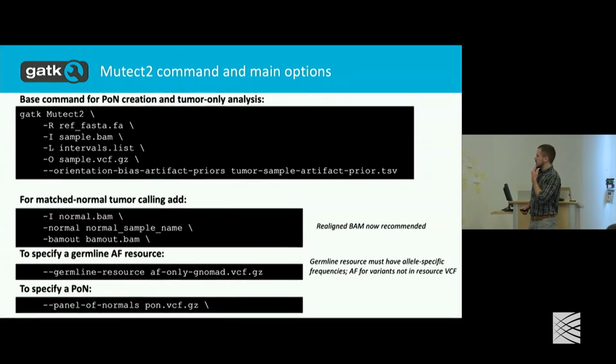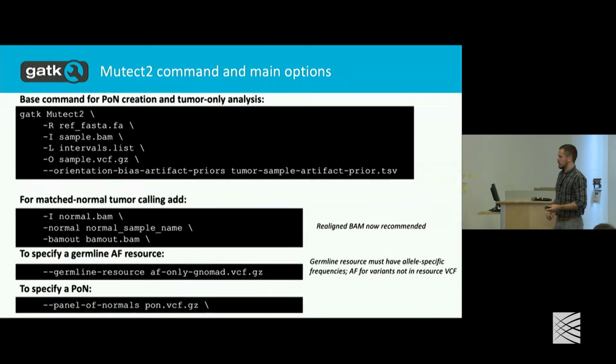One thing that changed recently is that we don't have to specify the name of the tumor sample. We just specify the sample itself, and then we specify the normal and the name of the normal. And then we can optionally provide the population allele frequencies resource and panel of normals.